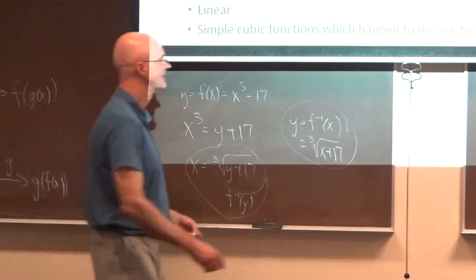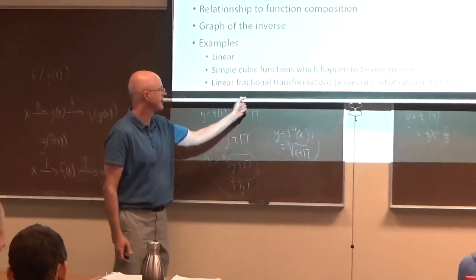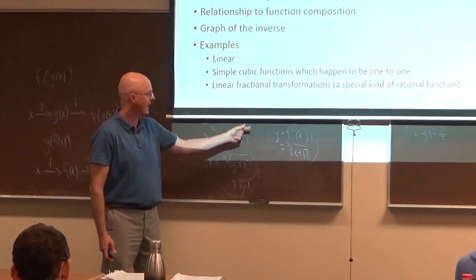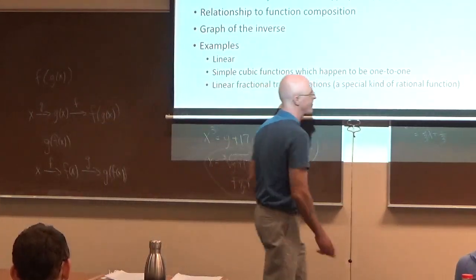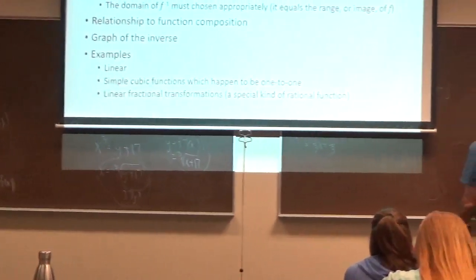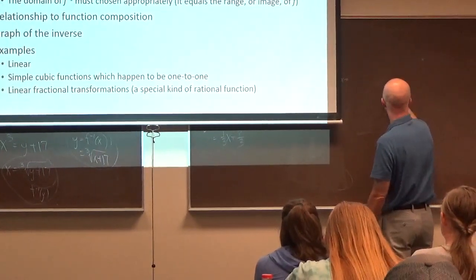What's next? How about a linear fractional transformation? Well, that sounds fancy. It's a special kind of rational function. What it is, it's a fraction, a ratio of two linear functions.